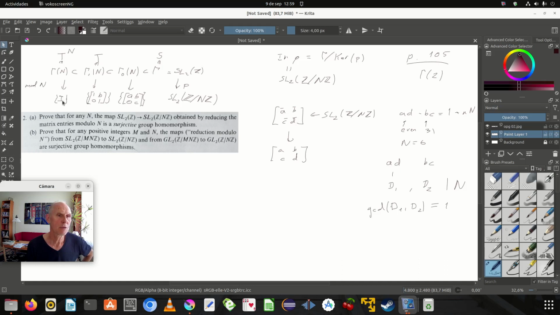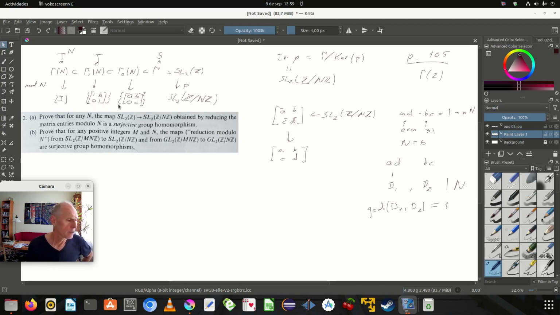This one maps to unity, this one to these n matrices, this n subgroup, and this one to a somewhat larger group. And S lies here, but not in any of these, because this equals unity.